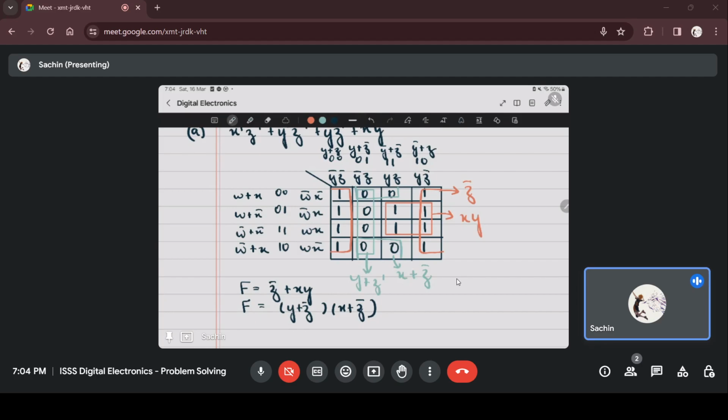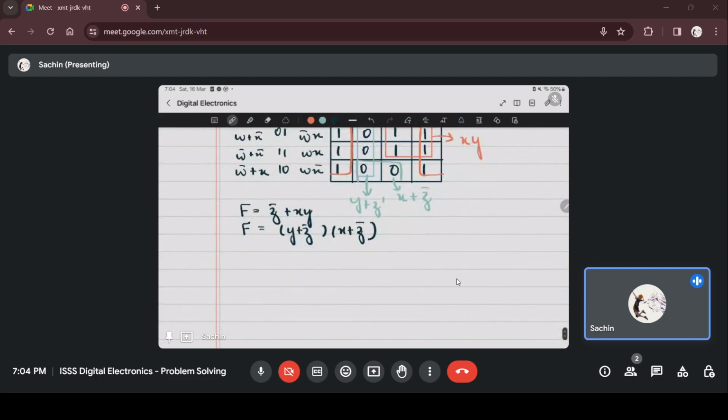And you can also verify that these two expressions are actually equivalent, because y plus z bar into x plus z bar is nothing but yx plus z bar by using the distribution of addition over multiplication. So it's just the distributive property.